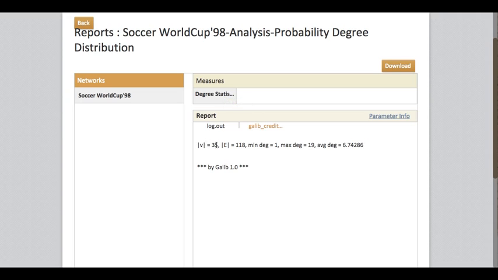I know this is the number of vertices or nodes, and this is the number of edges. The minimum degree is 1, maximum degree is 19, the average degree is 6.1.